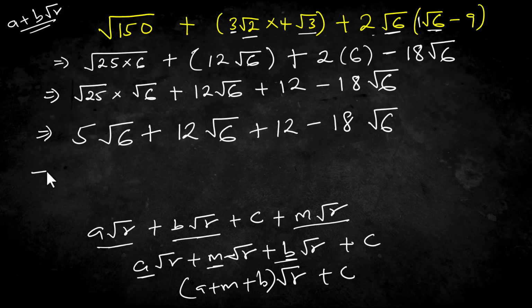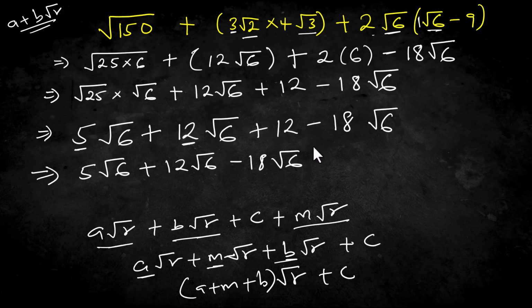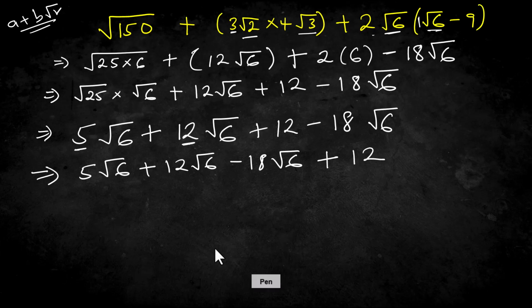Okay, so we have 5 root 6, 12 root 6, then minus 18 root 6. Very careful. So this one is without the surd here, so plus 12.